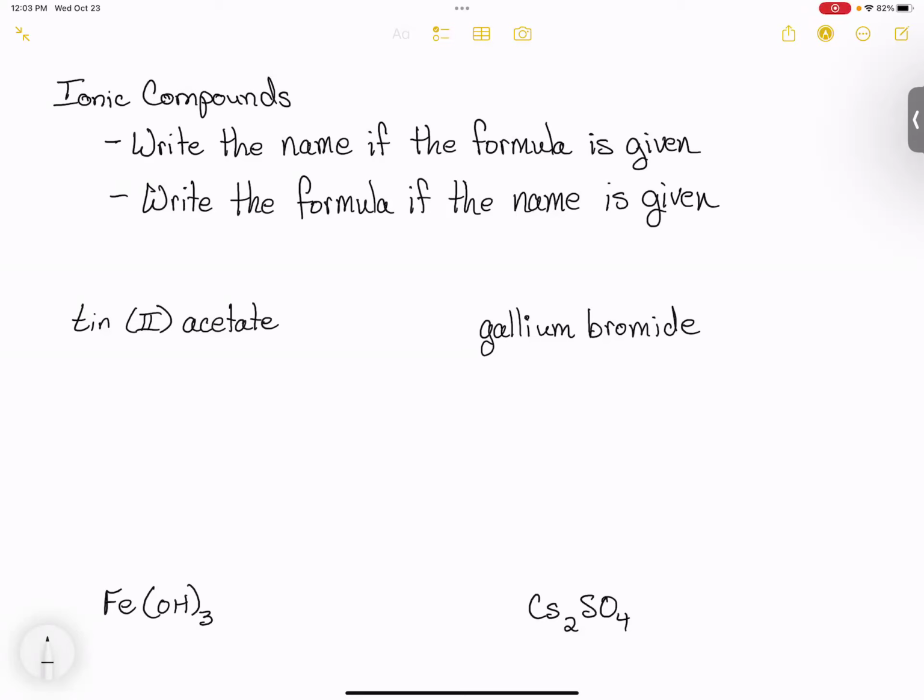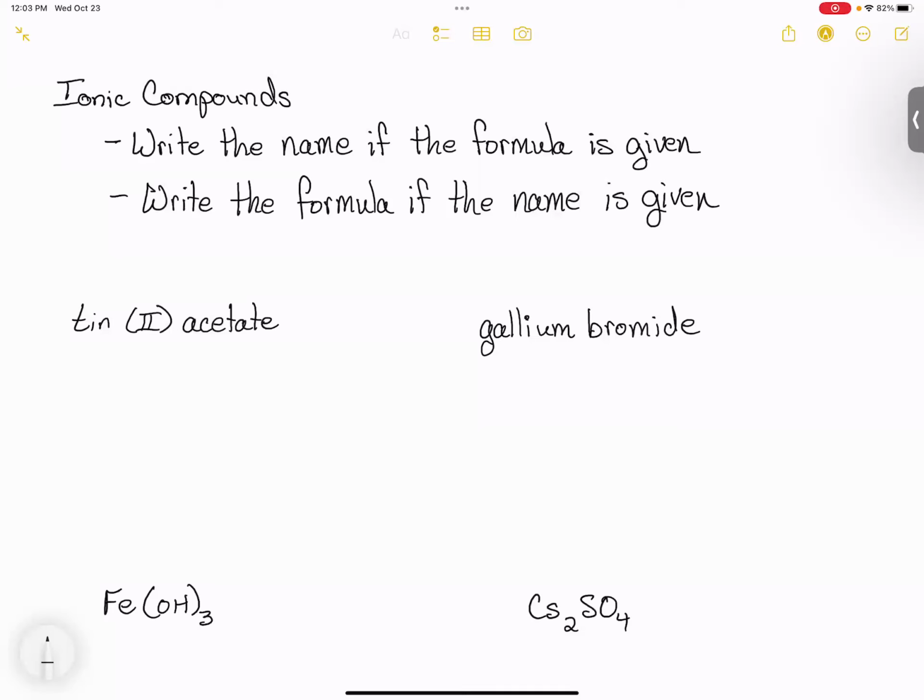So again, today it's going to be learning to write the formulas of ionic compounds given the names, and learning to write the names of ionic compounds given the formulas. I am going to branch into more and more of the polyatomics that you are to learn.